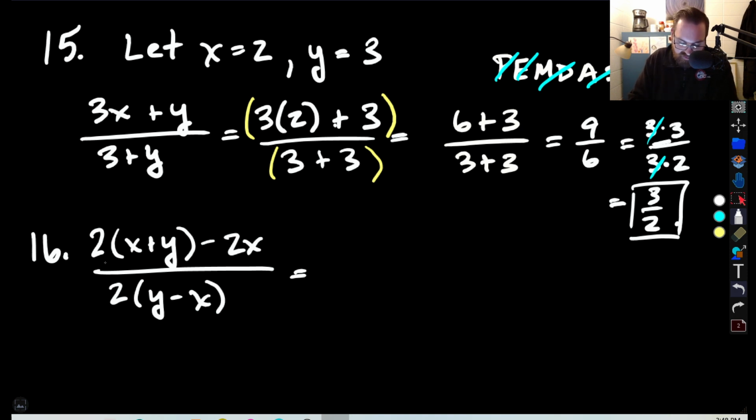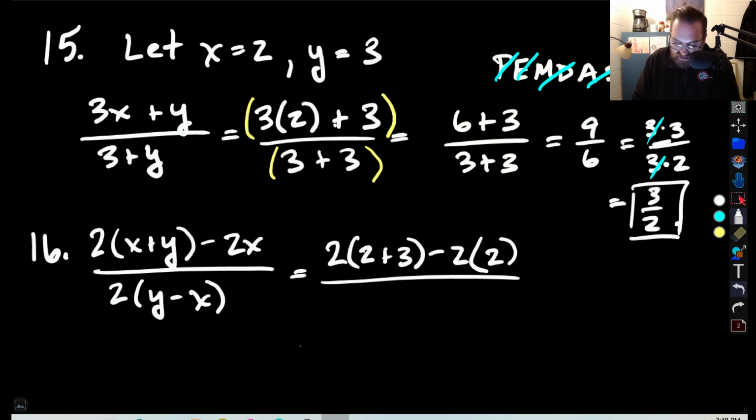I'm going to take my x's and y's and replace them with the numbers that were given to me up above. So this is going to be a 2 plus a 3 minus a 2 times that x, which is a 2. And then I have a 2 times y minus x, which would be 3 minus 2.